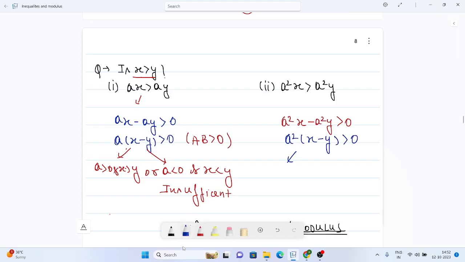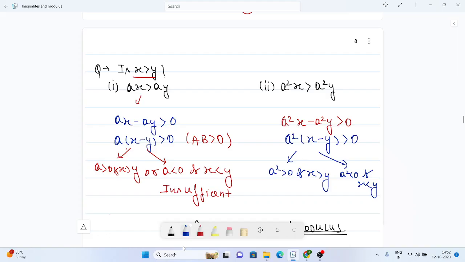Now this again gives two cases: a square is greater than 0 and x greater than y, or a square less than 0 and x is less than y, because if ab is greater than 0, either a is greater than 0 and b greater than 0, or a is less than 0 and b is less than 0.